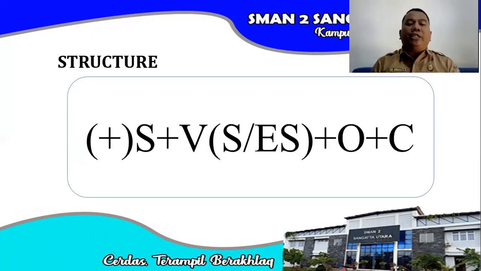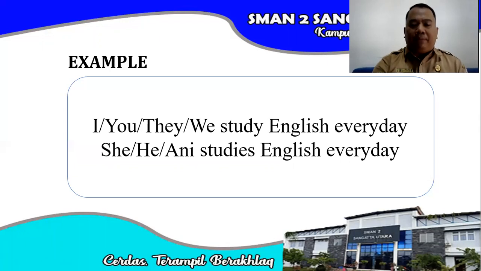Okay, we are going to move to the structure. The structure of simple present in positive form is: we start with a subject, then a verb with s or es depending on the subject, plus object plus complement. Here we go. We will see the examples.